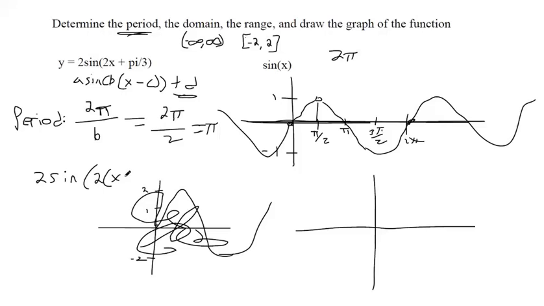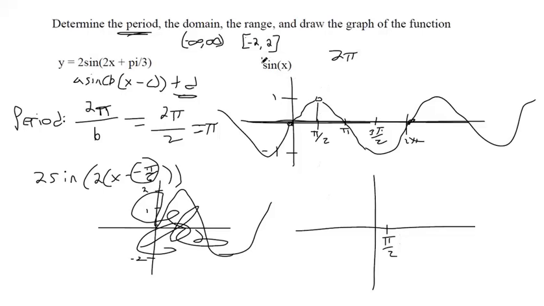So we're going to say it's minus a negative because it's the same thing as plus. And then we factored out a 2 from both terms, so this should be pi over 6, right? So when you have it in standard form, c is negative pi over 6. And a negative actually, with horizontal shifts, means you go to the right pi over 6 units.